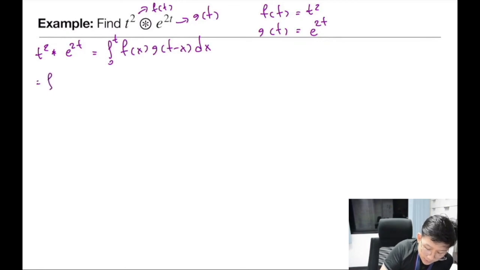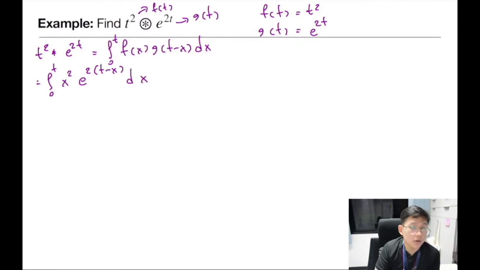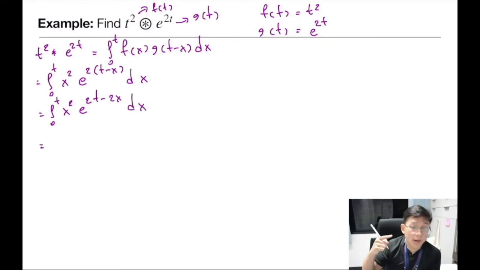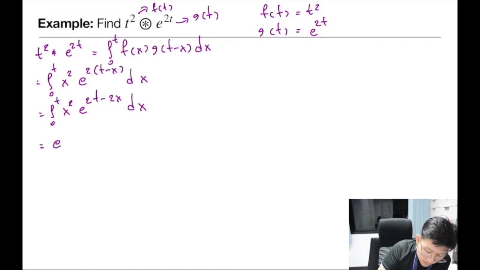And that is the integral from 0 to t, f(x) would be x squared, g(t minus x) would be e to the 2(t minus x) dx. It will be the integral from 0 to t of x squared e to the 2t minus 2x dx, and we integrate with respect to x, so we treat t as a constant, so I can pull e to the 2t out.